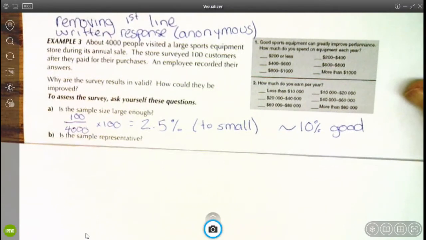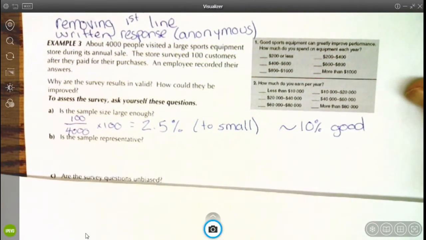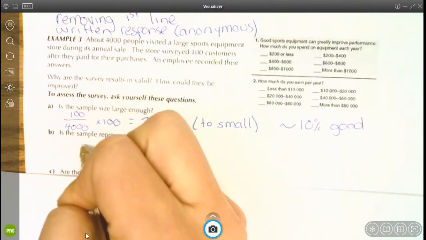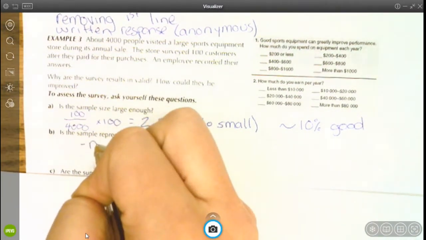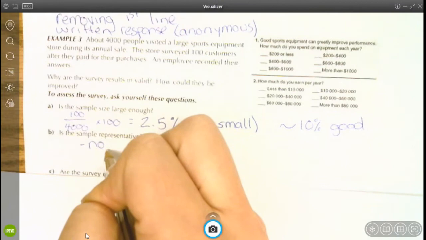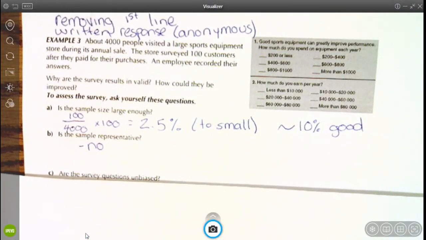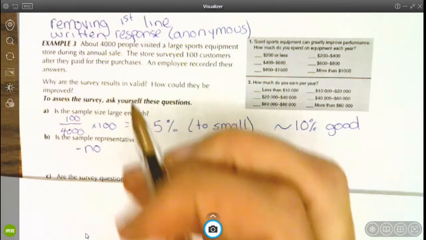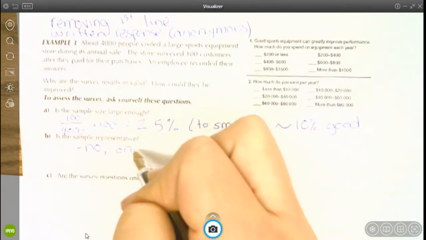Is the sample representative? Does it accurately represent everybody that was there? I would disagree. I would say no, it does not represent the population because it only asked people who bought something, right? Not everyone that bought something. So only asked purchasers.